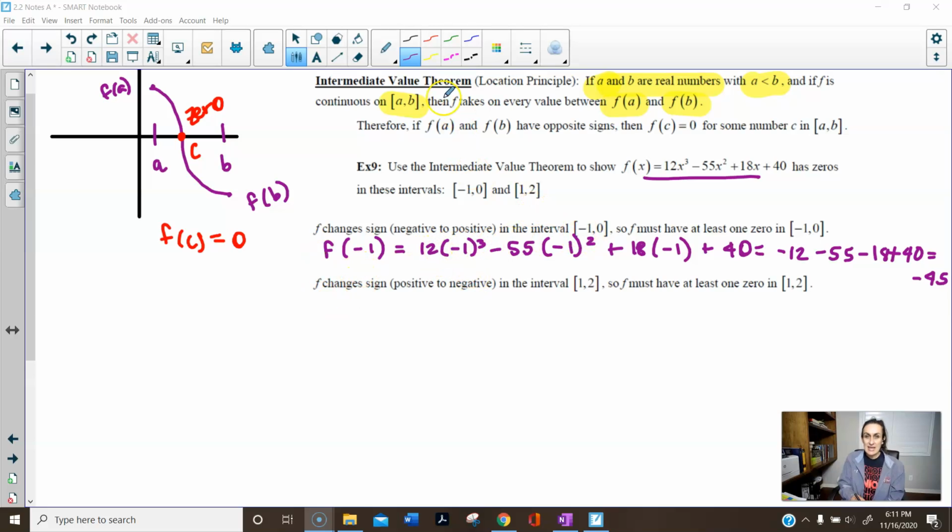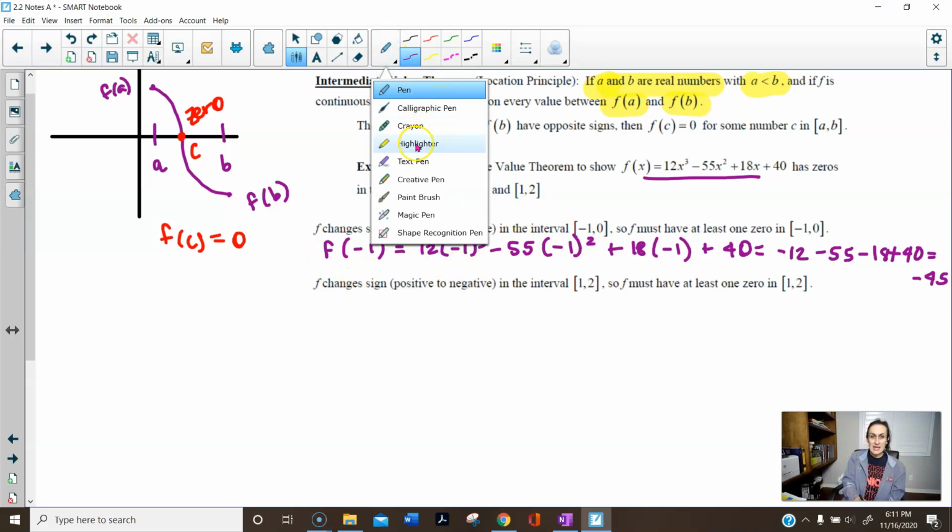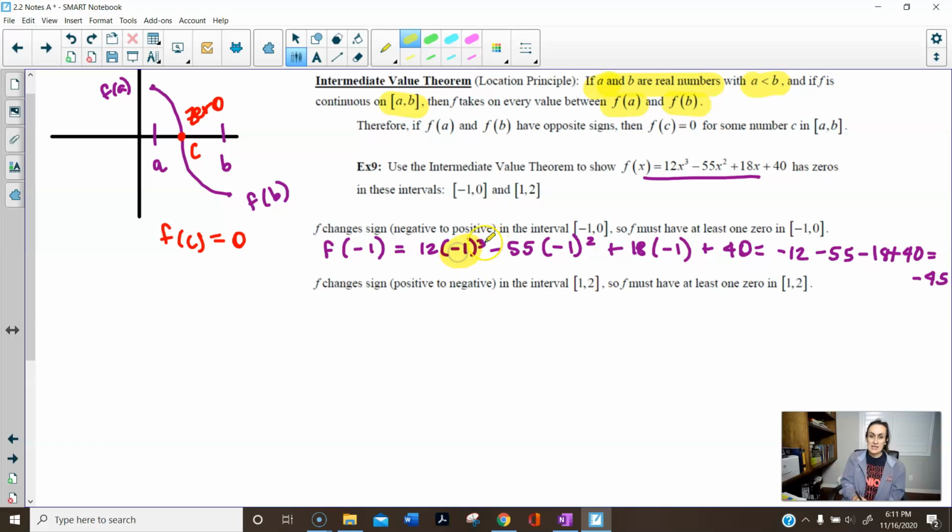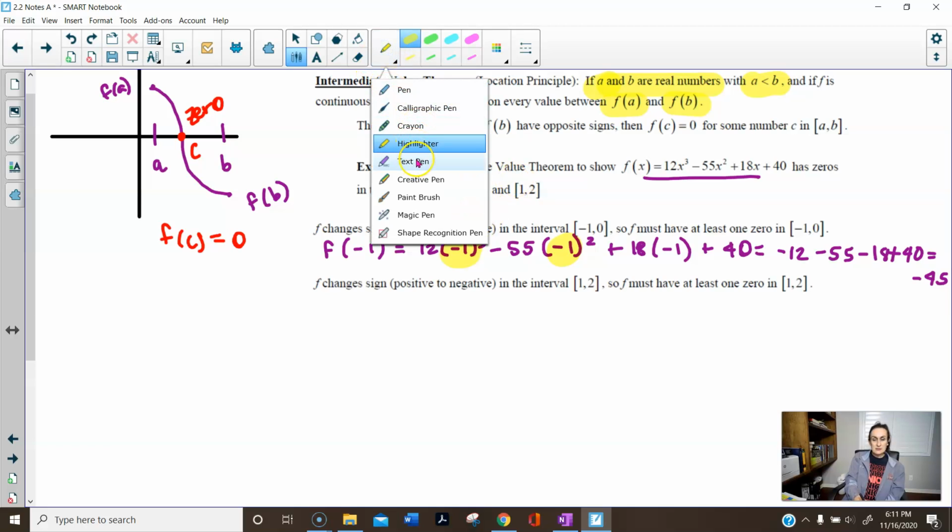I plugged that in everywhere that I saw x. So -1 cubed, then multiply it by 12. So it's -12. -1 squared, then multiply by -55. So that's going to be plus 55. I need to fix that.